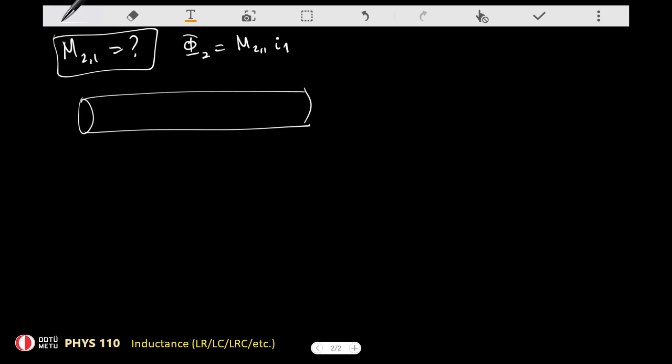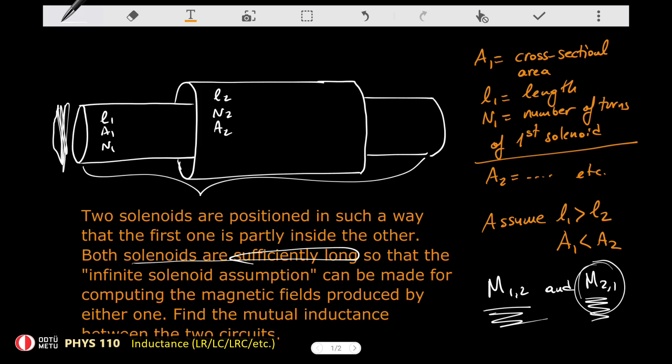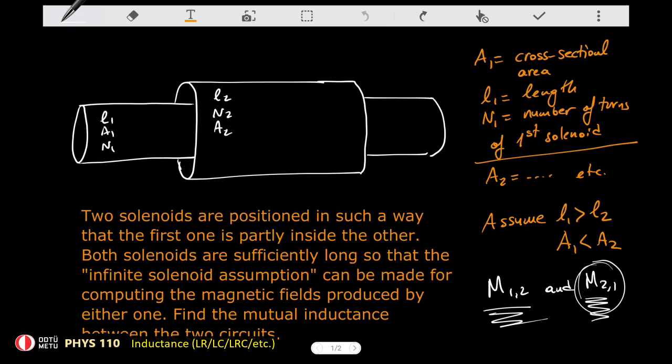I mentioned in the problem that I'm going to assume that these are sufficiently long. That means the length of the solenoid is much bigger compared to the size scale of the cross-sectional area. If that's the case, then I can make the infinite solenoid assumption.